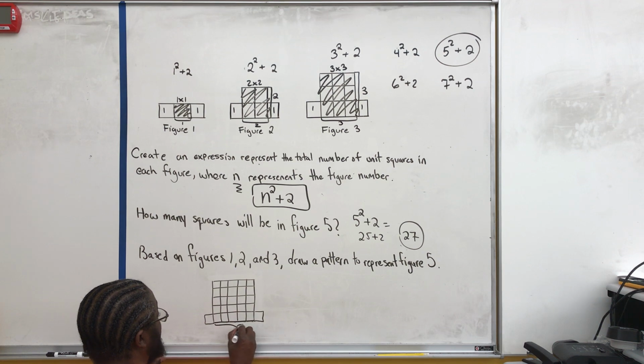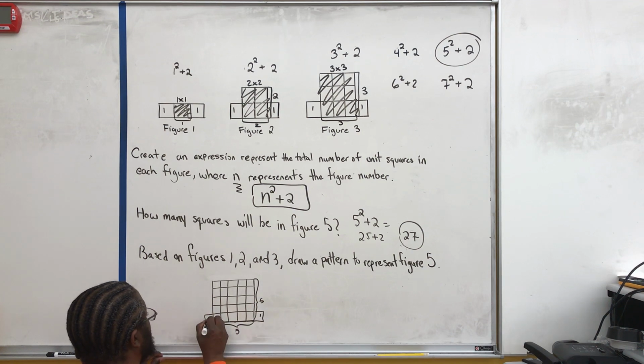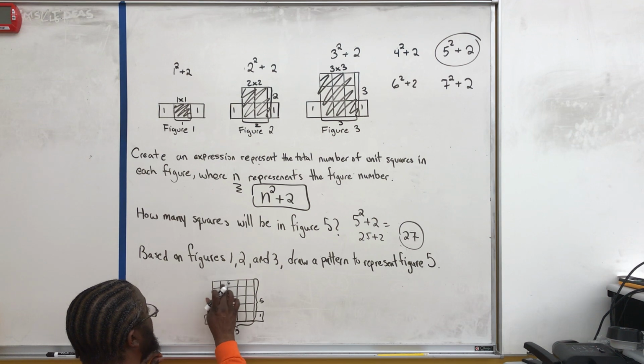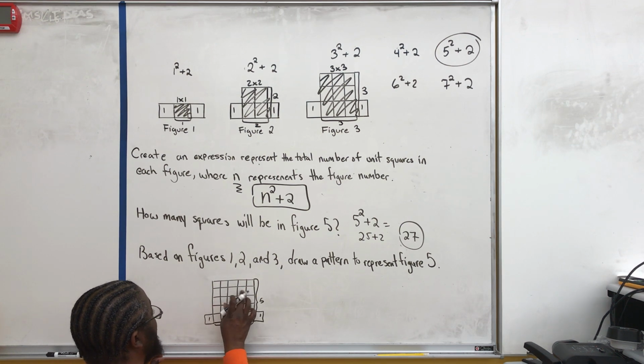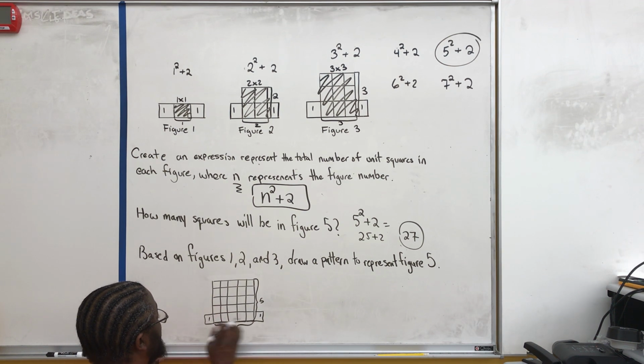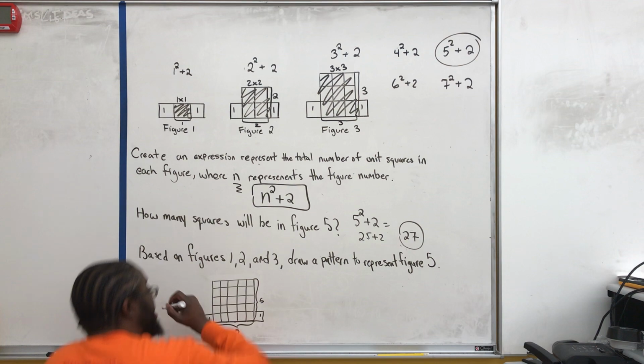Yes. 5 by 5 plus 2. And if I count them, 1, 2, 3, 4, 5, 6, 7, 8, 9, 10, 11, 12, 13, 14, 15, 16, 17, 18, 19, 20, 21, 22, 23, 24, 25, plus 2, 27. There's my figure.